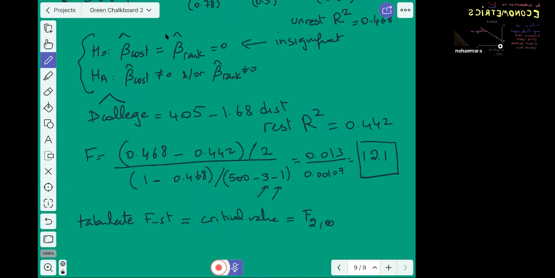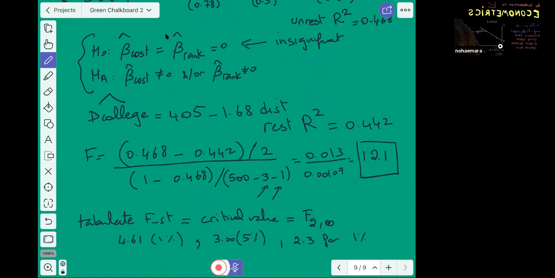You will find it as 4.61 for the 1%, 3.00 for the 5%, and 2.3 for the 10%.